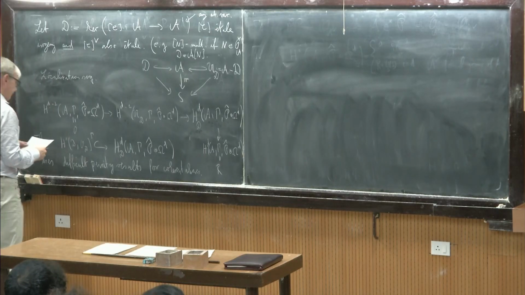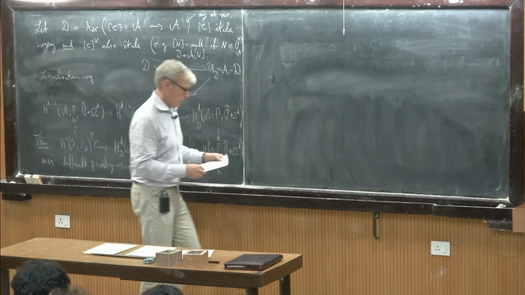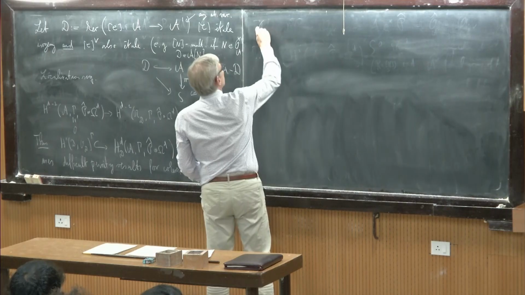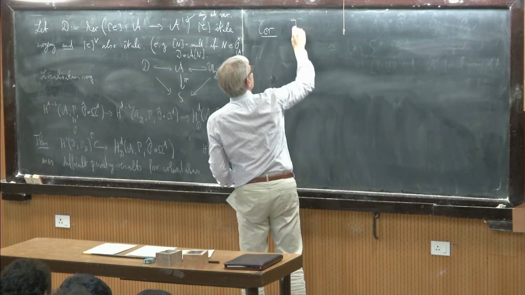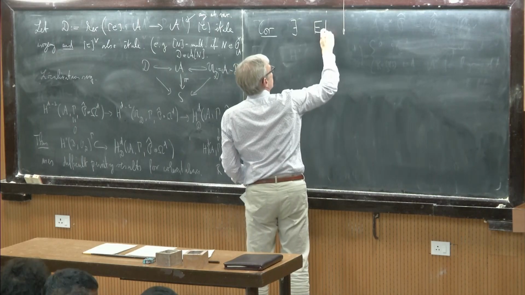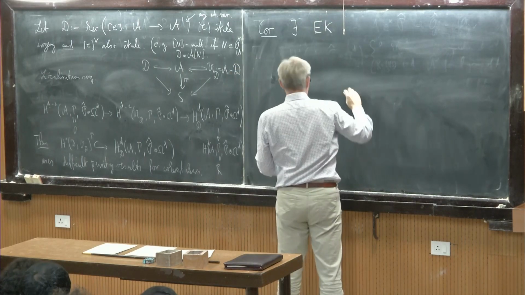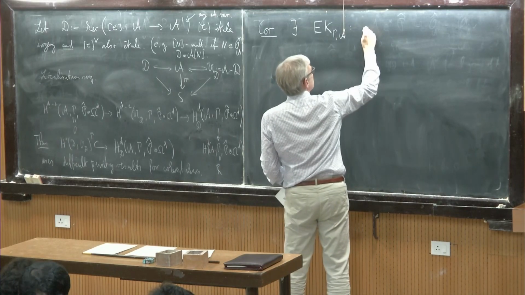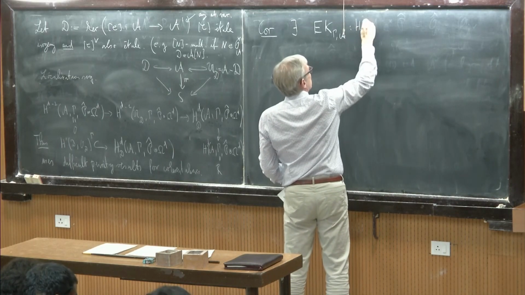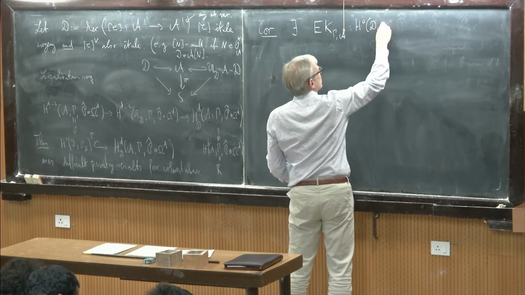So the corollary is the following, that I get a map, which we call the Eisenstein-Kronecker map associated to Gamma and A, and this goes from these global functions on the torsion points.